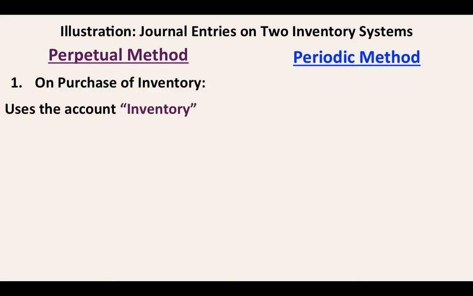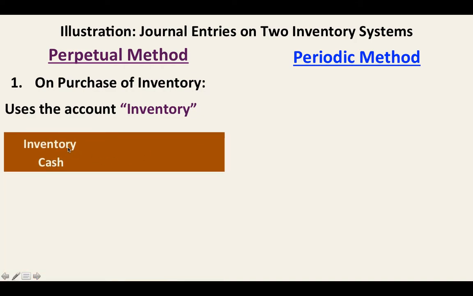Now let us illustrate the journal entries on these two inventory systems. On purchase of inventory, perpetual method, basta bumili ng inventory, it uses the inventory account. So when you purchase an inventory, you debit the inventory and then credit cash or accounts payable.